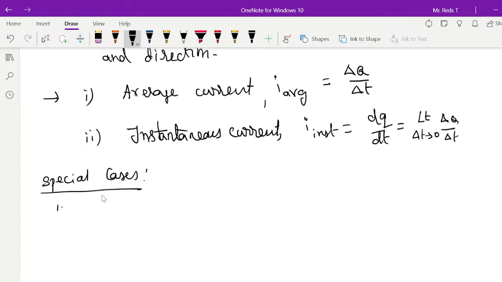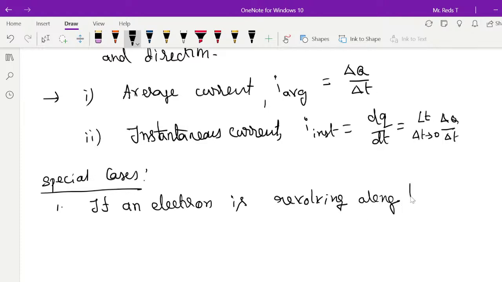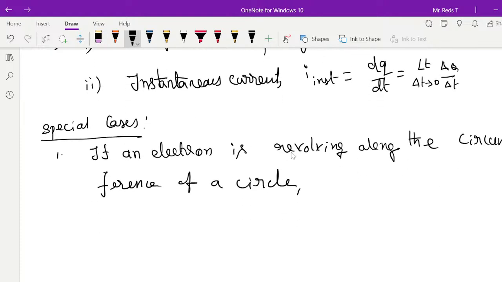If an electron is revolving along the circumference of a circle, then the equivalent current produced by it, equivalent means what?